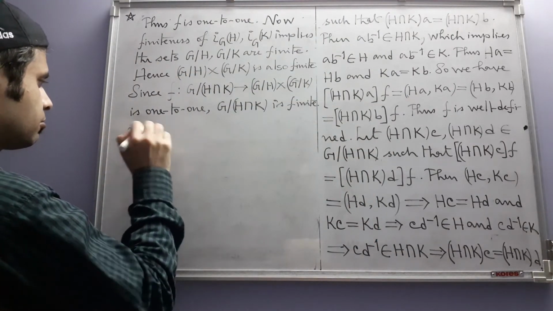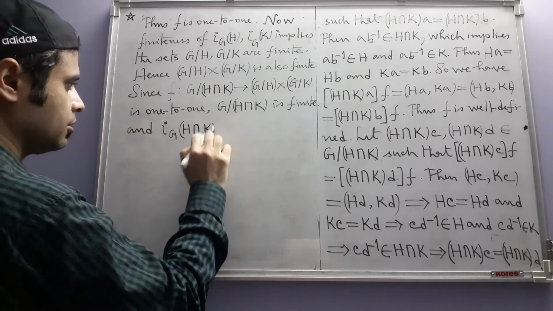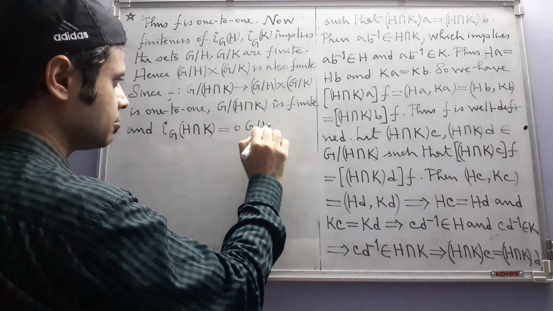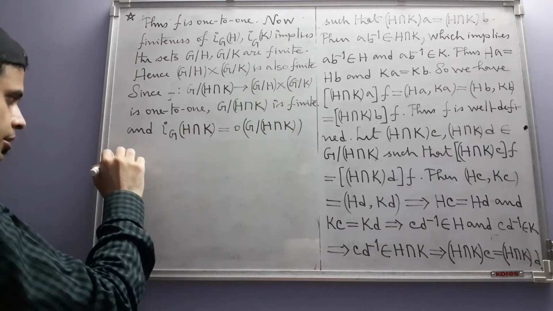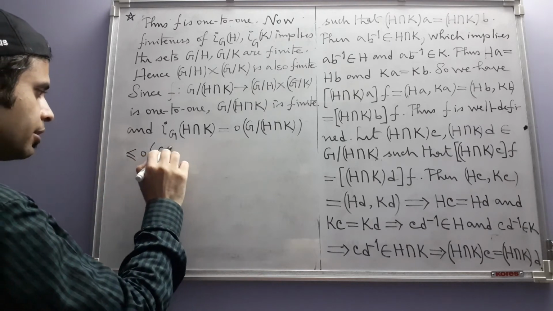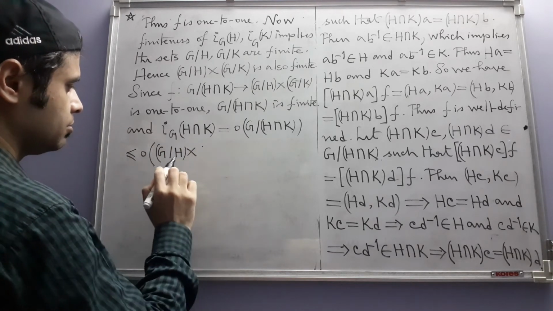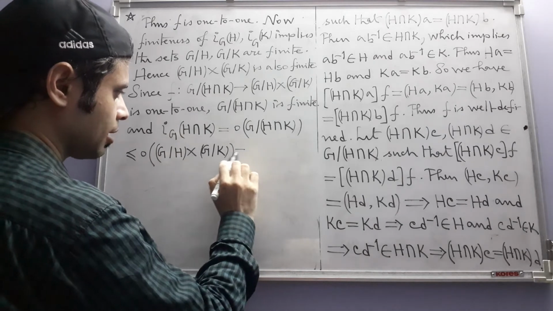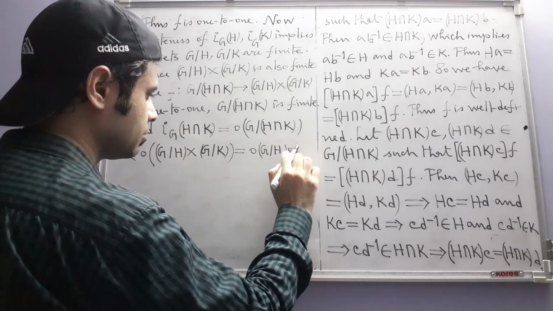The index of H intersection K in G is nothing but the number of elements in this set, that is, the number of distinct right cosets of H intersection K in G. This is because of that one-to-one function, which gives less than or equal to the number of elements in this Cartesian product, G by H times G by K, whose number of elements we already know is nothing but the product of these two numbers.